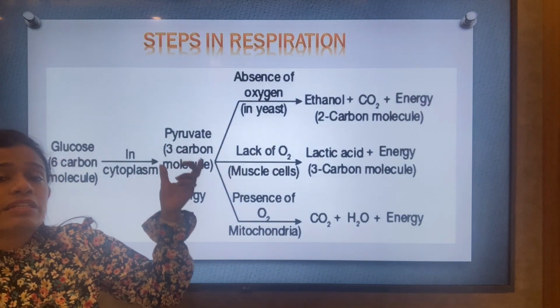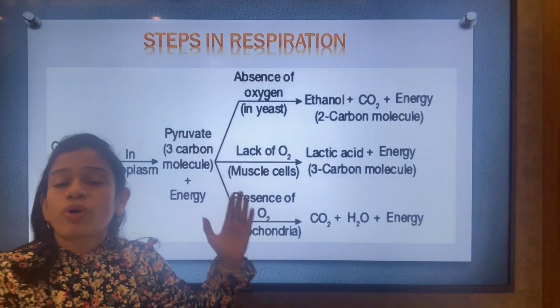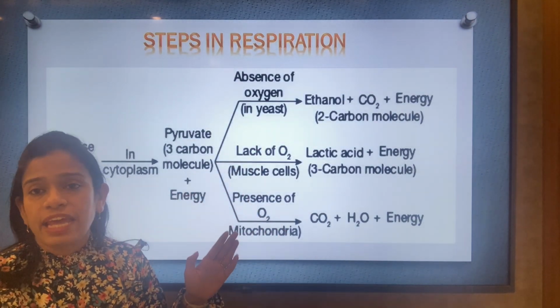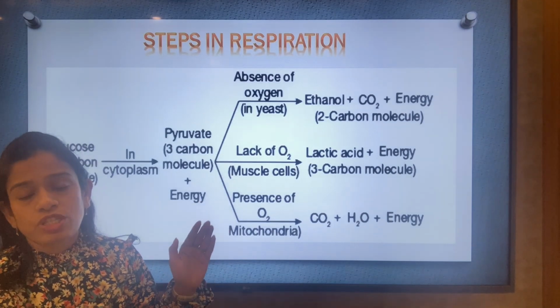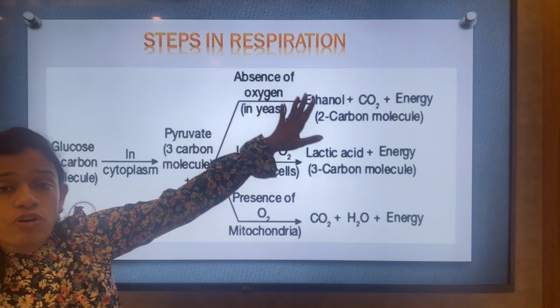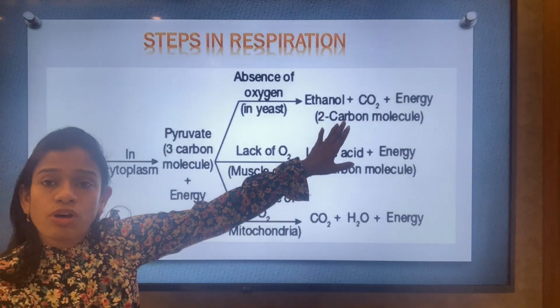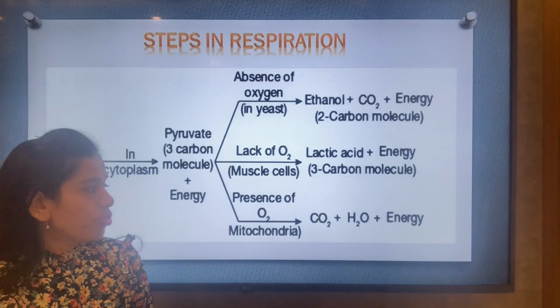Now this pyruvate is again broken down, or it releases energy in different forms depending on the absence or the presence of oxygen. Now pyruvate, in the absence of oxygen in yeast, produces ethanol, carbon dioxide and energy. That is a 2-carbon molecule.